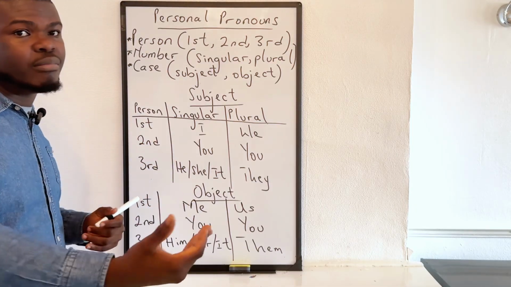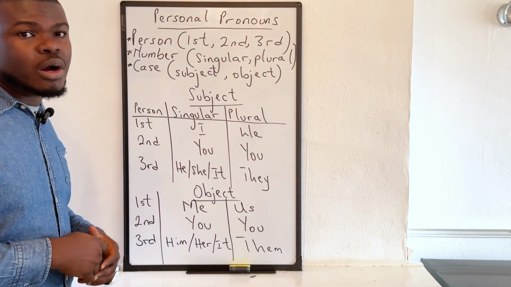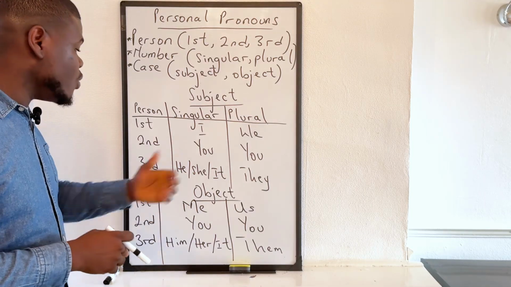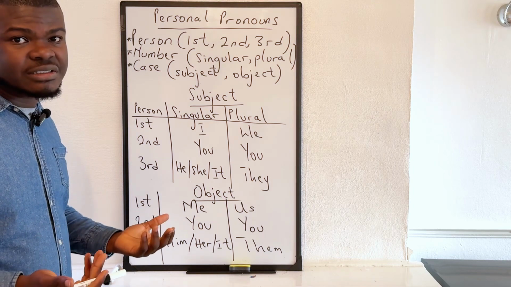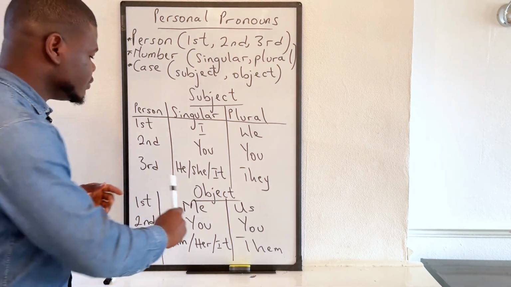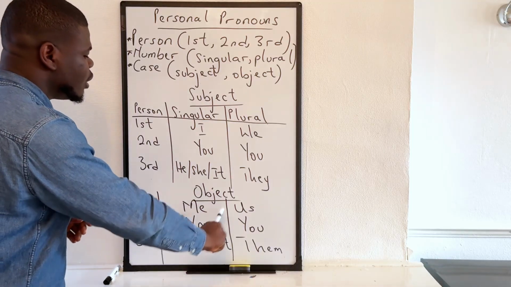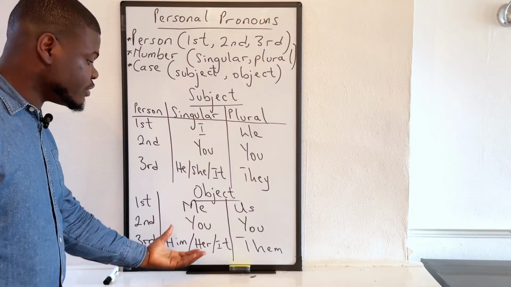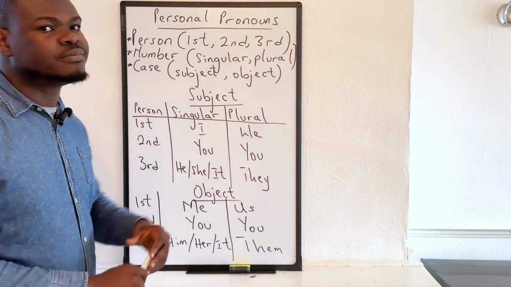I gave him my book. I gave her a bag. I gave her a pencil. Oh, I gave it my best. I gave it its meal. Yeah? So him, her, or it, object pronouns, and the plural of these three would be them.